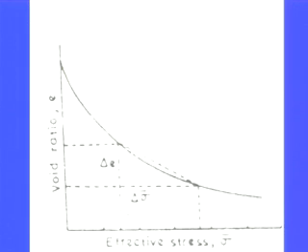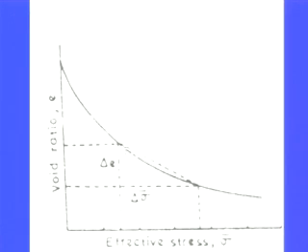As can be seen here, this is the void ratio corresponding to the initial condition, and this is the void ratio corresponding to the final condition. And this delta sigma bar is the increase in stress from sigma 0 bar to sigma f bar, that is the effective stress after the load has been applied.